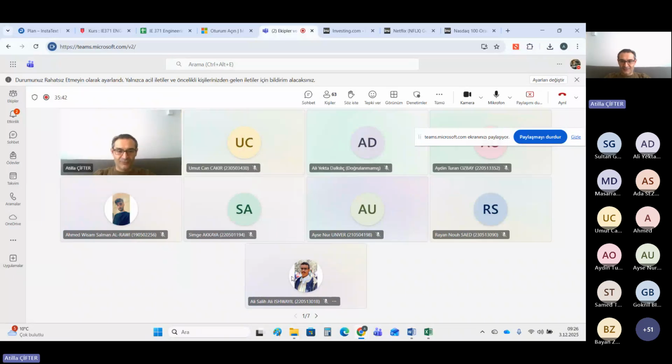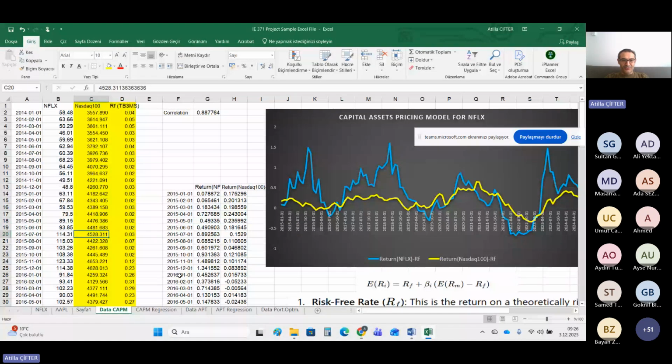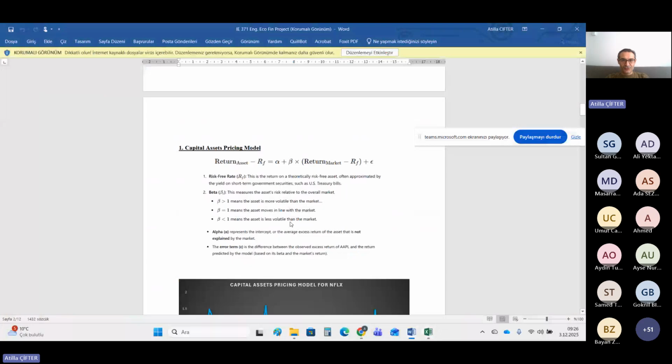No, okay, now we can just start arbitrage pricing theory. So what's the meaning of arbitrage pricing theory? Let me open it. So we understood capital assets pricing model. I also explained this model with its theoretical background in class, and why we try to estimate it: because we try to see if our individual stock return moves in the same direction as market return.